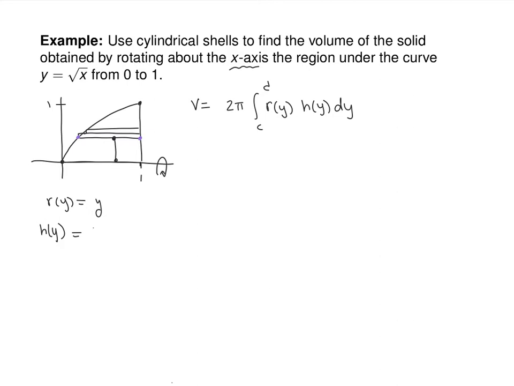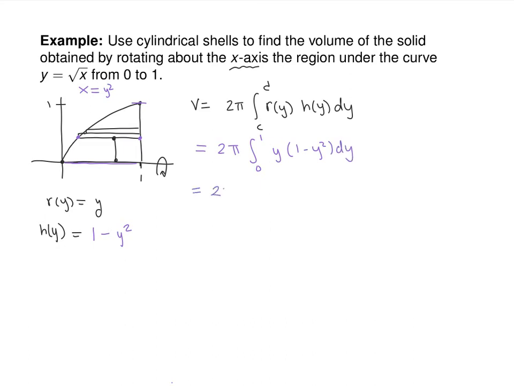Your top curve is 1, not very curvy, minus the bottom curve, which is the same thing as x equals y squared. So 1 minus y squared. So your volume equation, and also your slices, begin at y equals 0, they end at y equals 1. So 2 pi integral 0 to 1 y times 1 minus y squared dy.